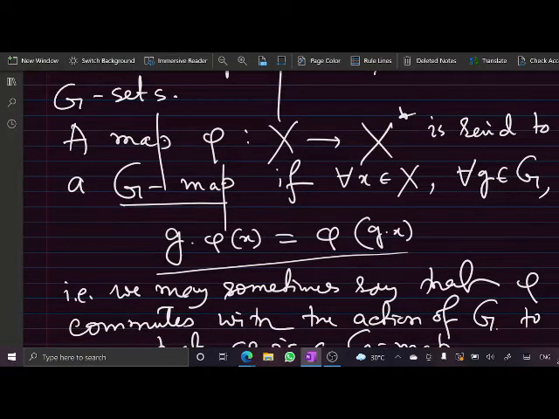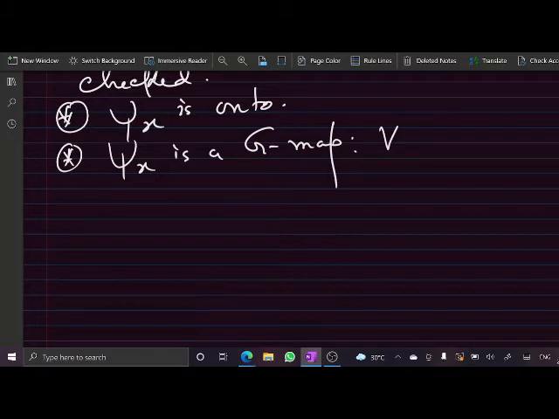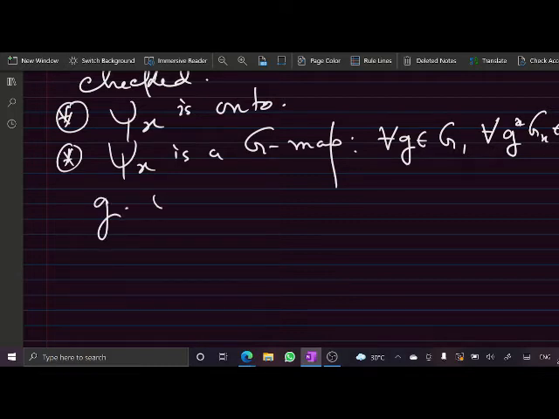Okay, so that means g dot psi x at g star gx belongs to G by Gx, right?